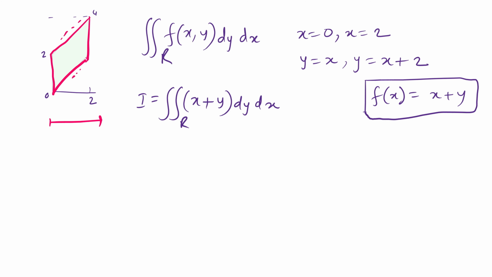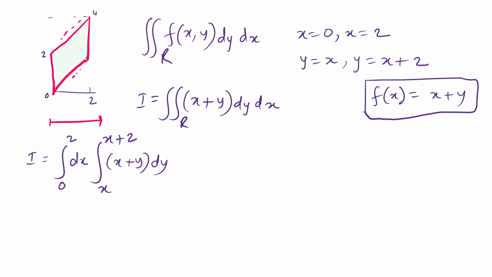Okay, so then we can write I as, since the limit of x is 0 to 2, the integral from 0 to 2 dx, and then we have the integration from x to x plus 2 of x plus y dy.